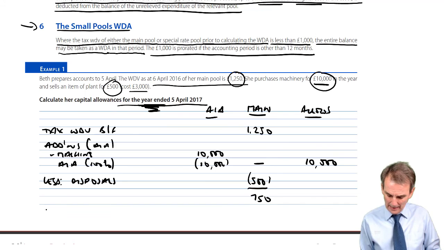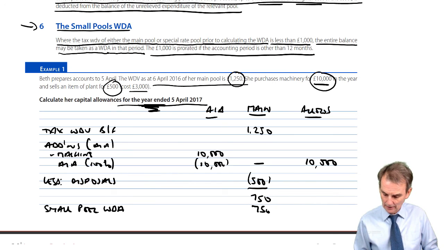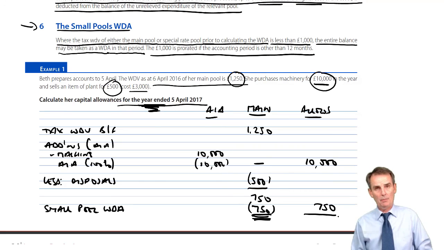Therefore, what we'll be able to do is to make a small pool WDA claim for the entire £750 and take all of that as allowances this period.